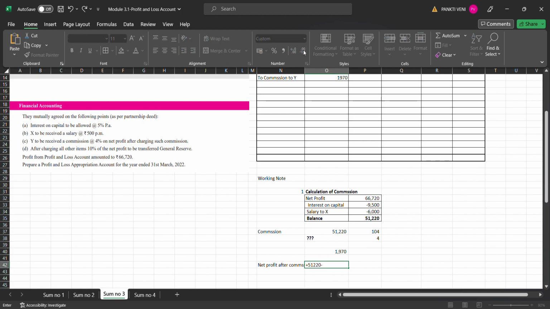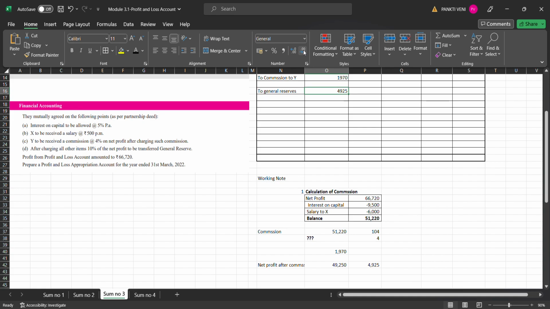So 51,220 minus 1,970, I'll get 49,250, and 10% of this is my reserve amount. So I'll write here, to general reserves, 4,925.